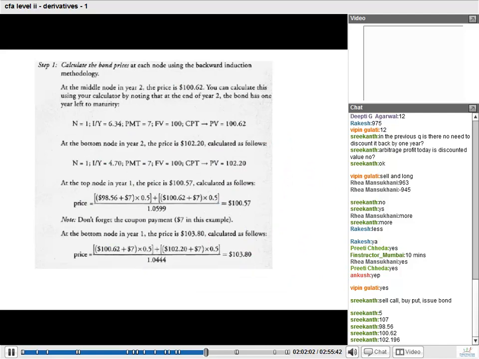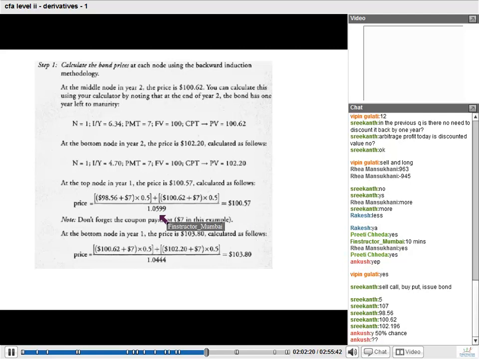There's a 50% chance that I see 98.56 plus the coupon, and a 50% chance that I see 100.62 plus the $7 of coupon. Discounted at 5.99%, the price is 100.57.